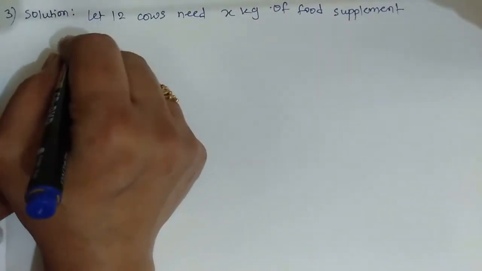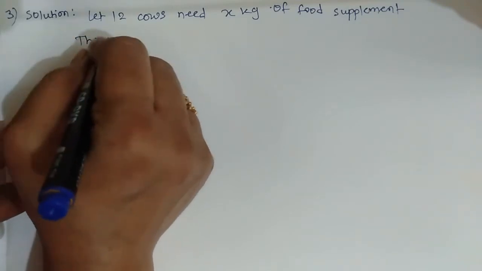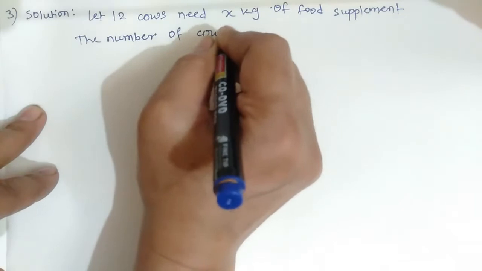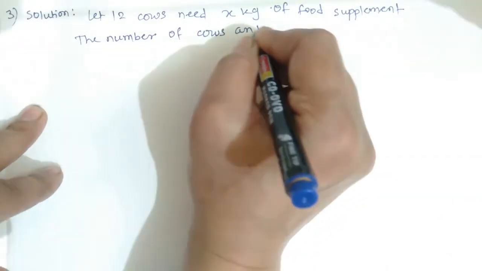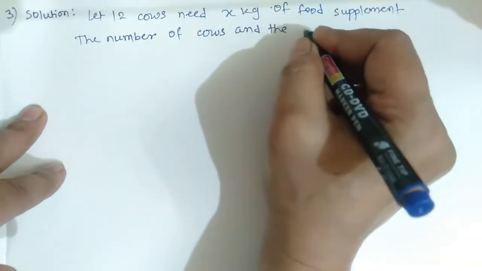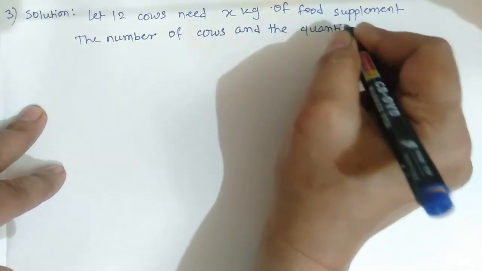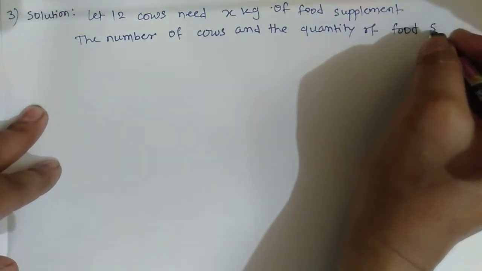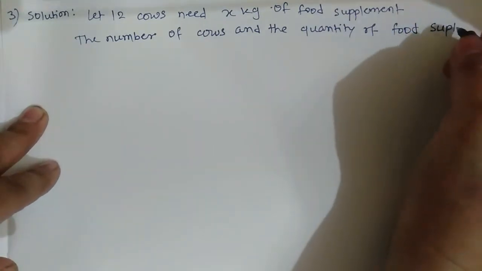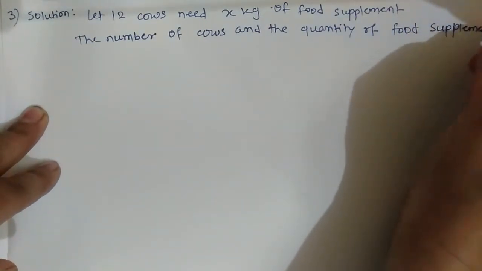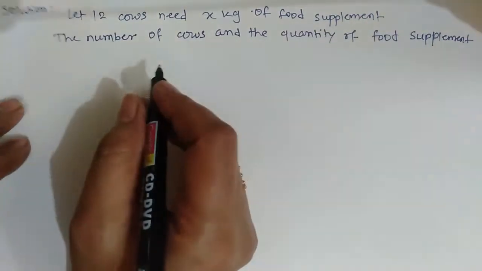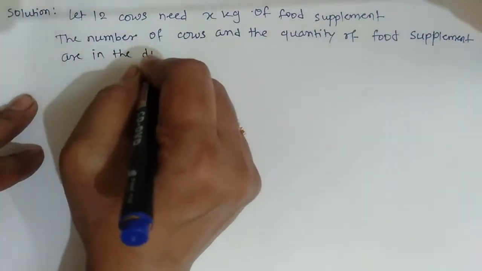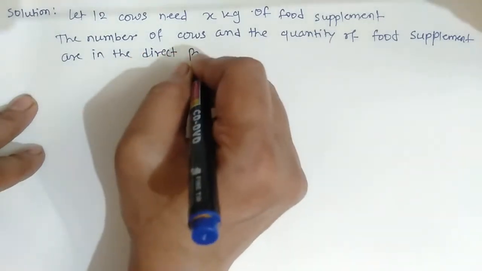So therefore here number of cows and the quantity of food supplement are in the direct proportion.